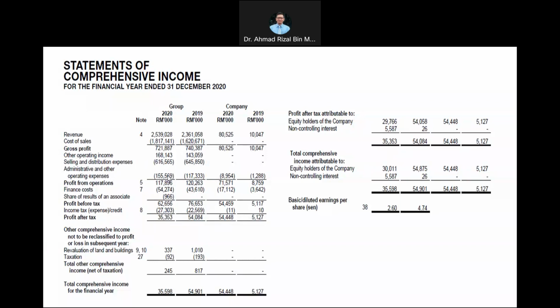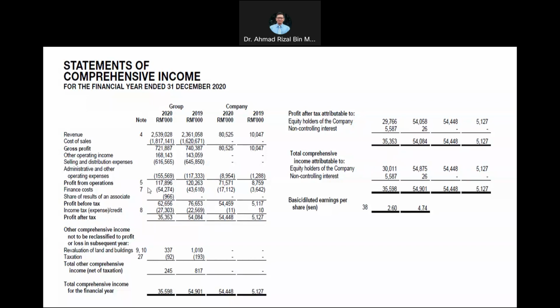These are all the wages, salaries, utilities, right, and whatnot. Okay, marketing expenses. So for 7-Eleven, their selling and distribution expenses are huge. Okay, about 616 million. All right. So this is about, if I'm not mistaken, almost 1/4 of their revenue. It goes to the selling and distribution expenses.